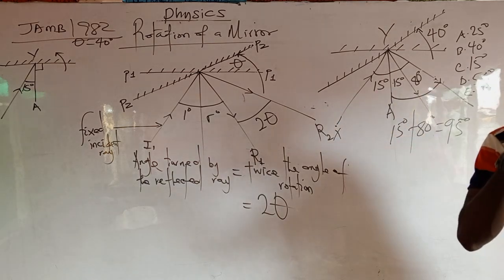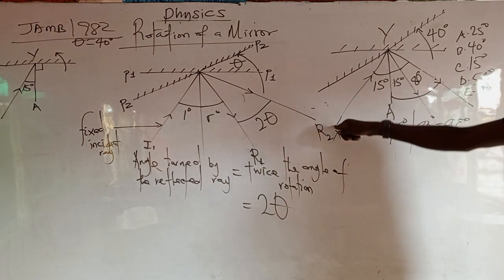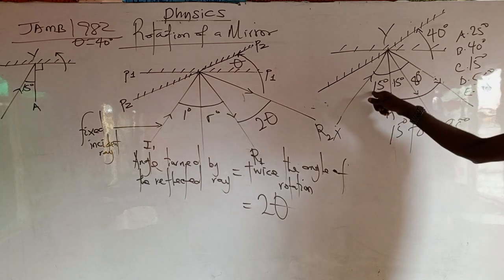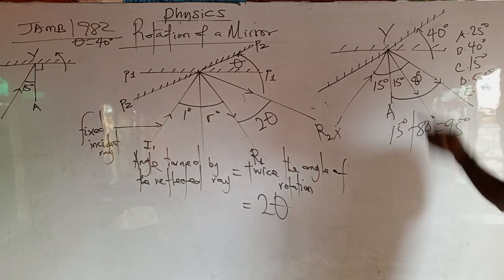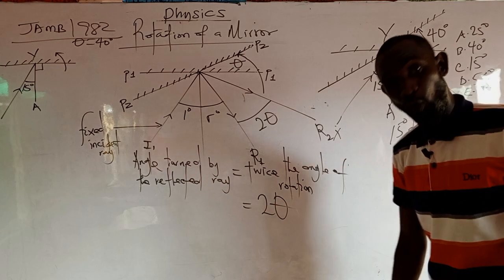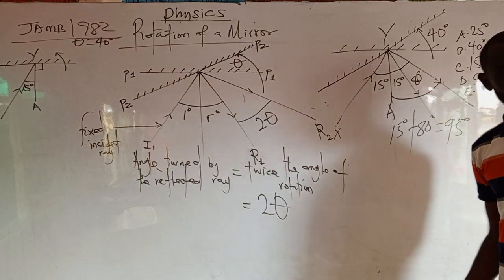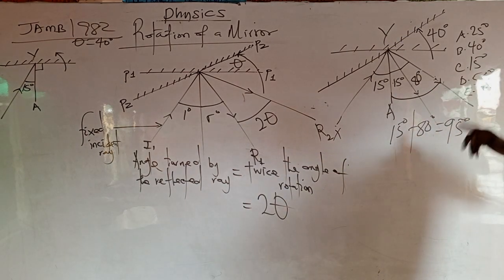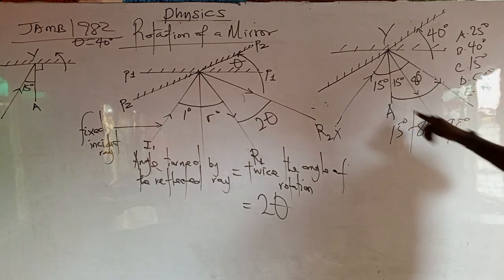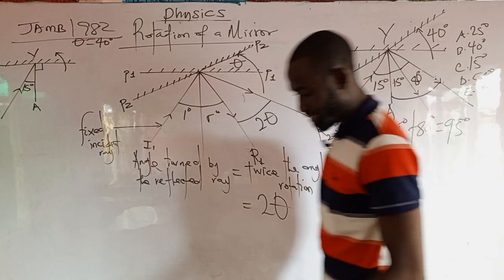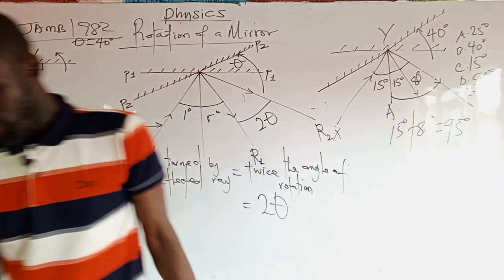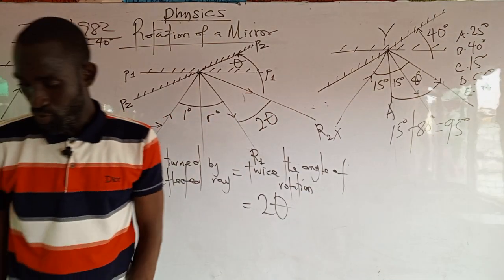But if you say the angle between the incident ray and reflected ray, that will be 15 plus 15 plus 80. That's 30 plus 80, which equals 110. But we are being asked to find the angle between the reflected ray and AY. That is what we have under angle of rotation of the mirror.